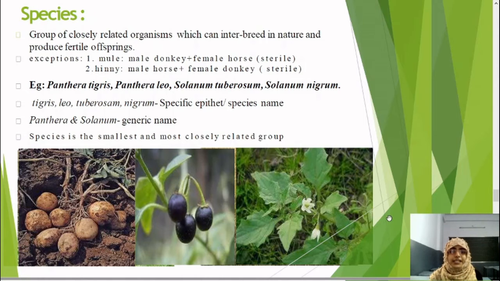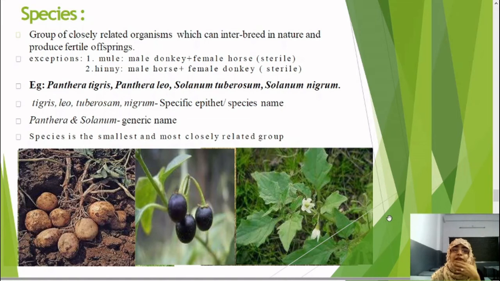That is, we are imprisoning them or we are forcing them. But these organisms which are mule and hinny are produced through a natural process, but they are sterile in nature. Whereas those organisms which are produced in captivity mode are non-sterile, that is they are fertile, but they are not produced naturally.